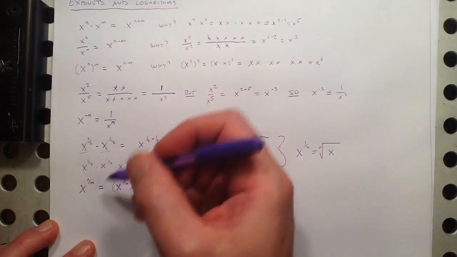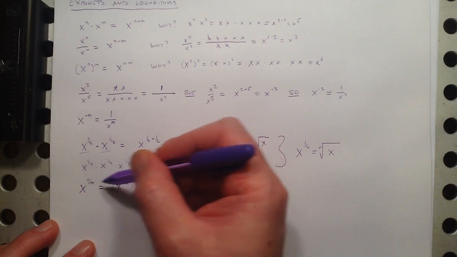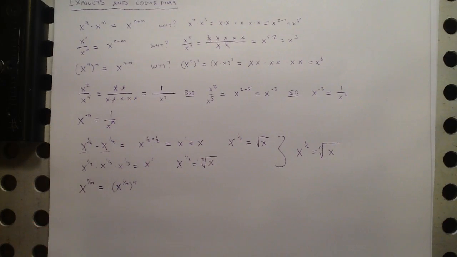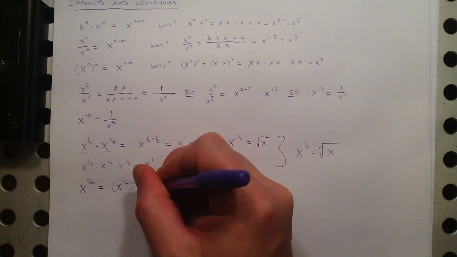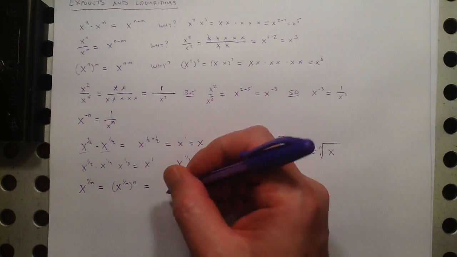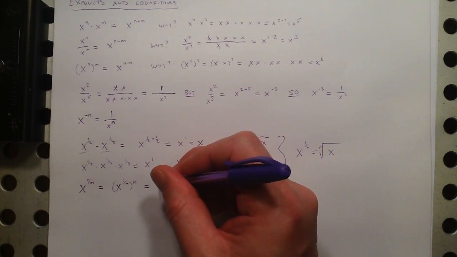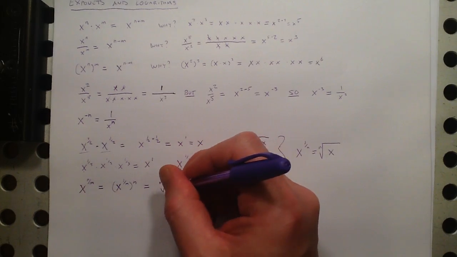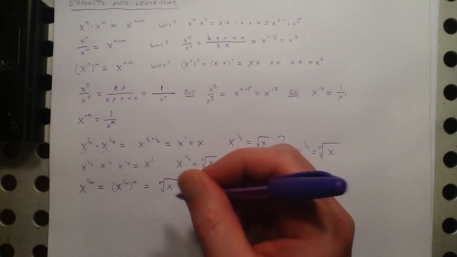By this rule right here, n times 1 over m is the same as n over m, which means that this, and now we know that x to the 1 over m, that's the mth root of x raised to the nth power.